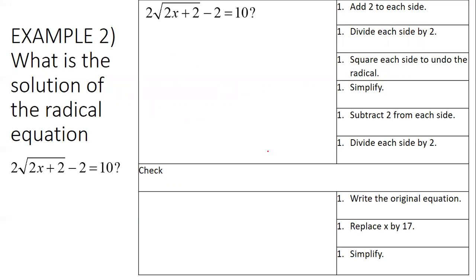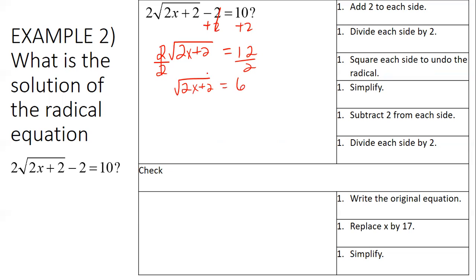So what is the first thing it says us to do? So we're adding 2 to each side, and we're left with 2 square root of 2x plus 2 equals 12. What is our second step? Divide by 2. And we're left with square root of 2x plus 2 equals 6.